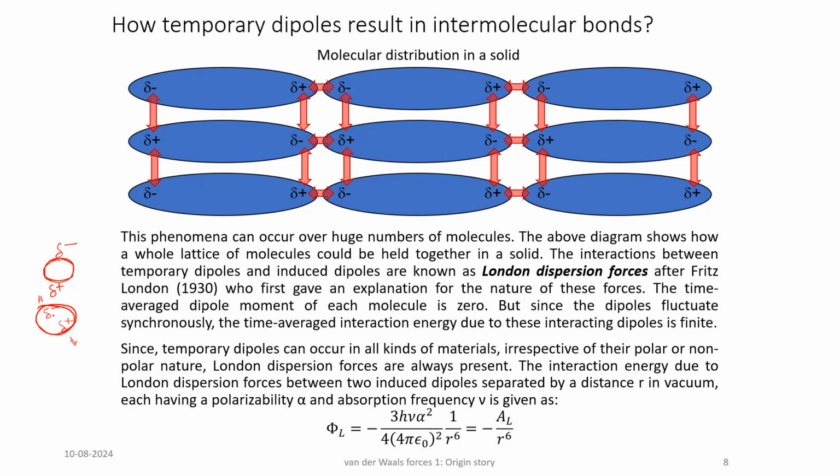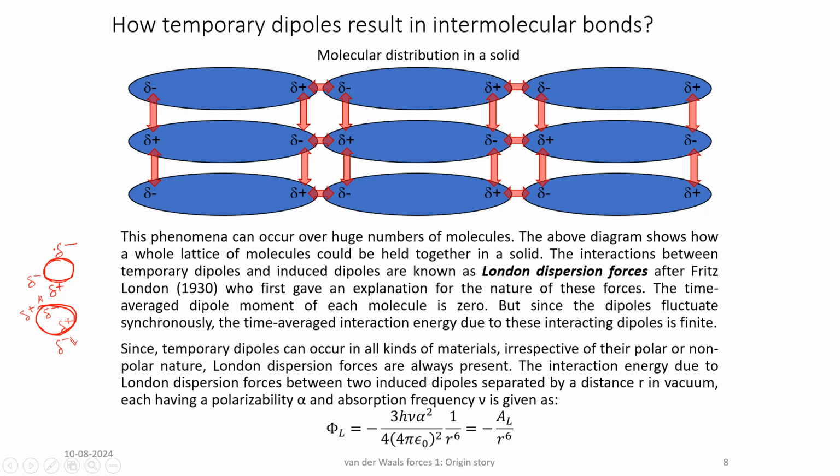But after some time it may happen that this portion becomes delta negative, because electrons are always traveling and may change position. Then this side becomes delta positive, and similarly for the non-polar particle, this side becomes negative and that side positive.